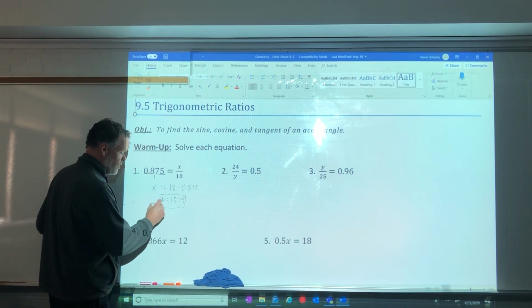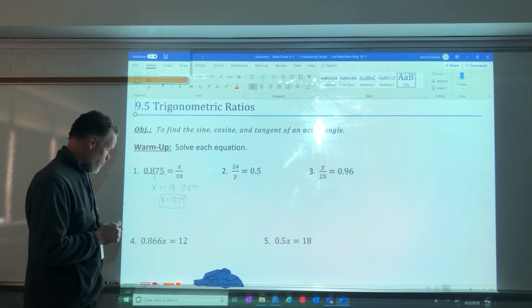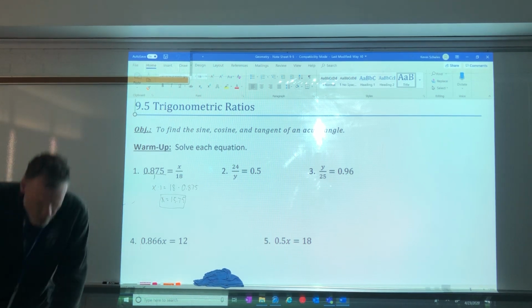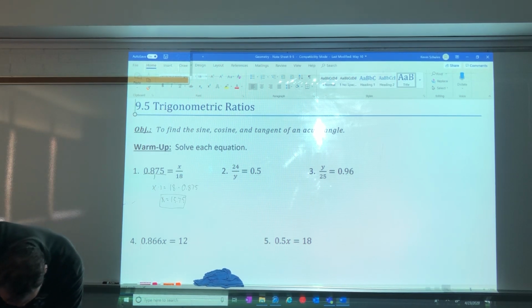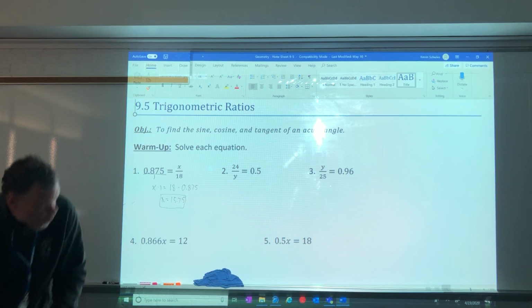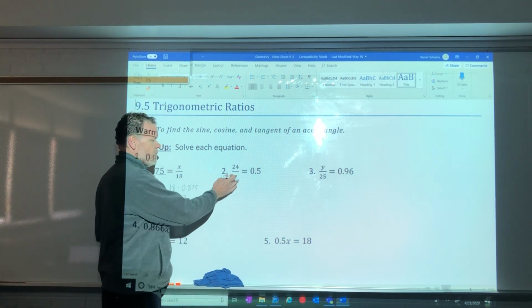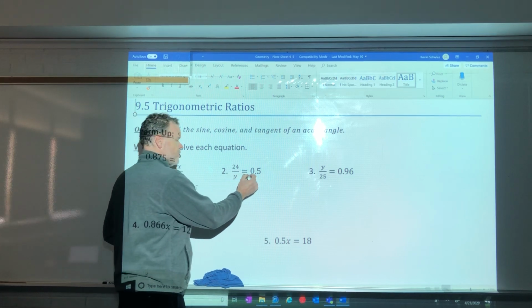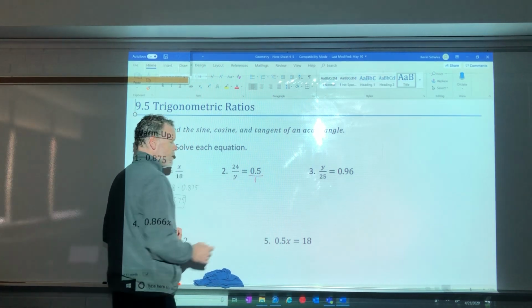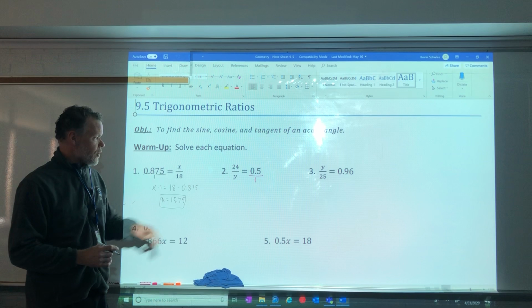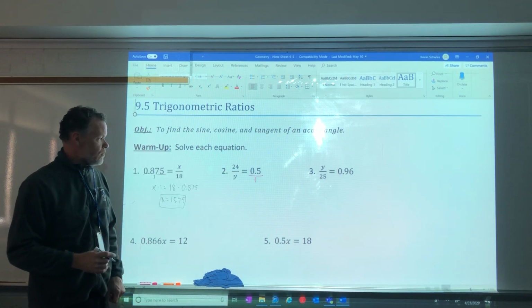Now, when we get to the second one here, you're really going to see why I'm setting this up as a proportion. Because here you have your variable on the bottom. Again, if you just go back to putting it over 1, you're going to get y. Remember, cross multiply.